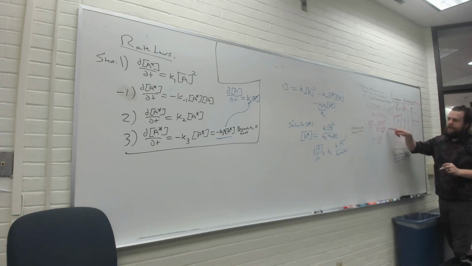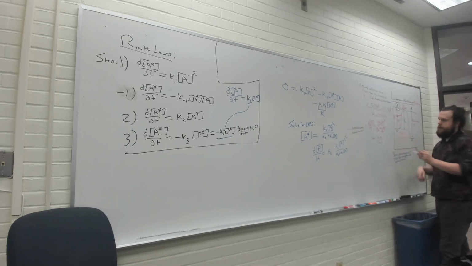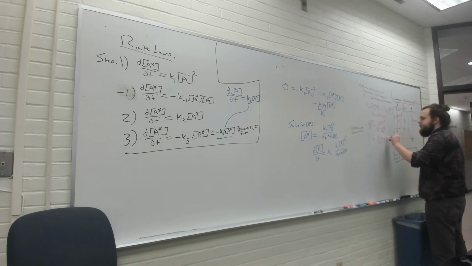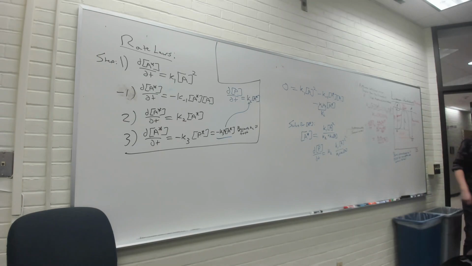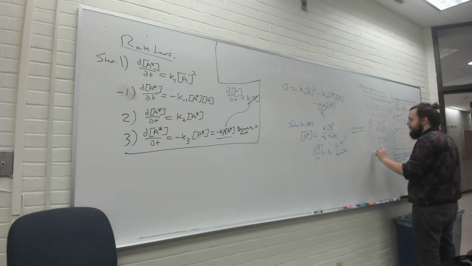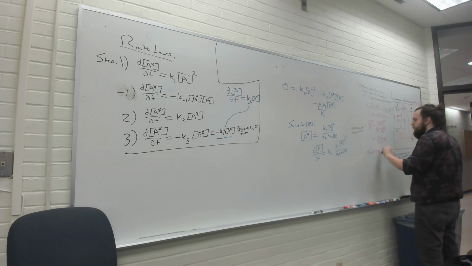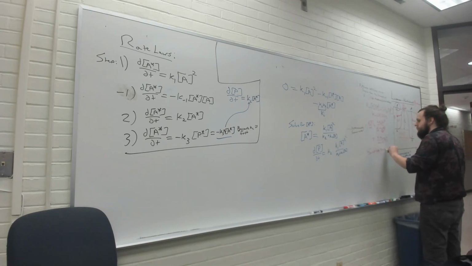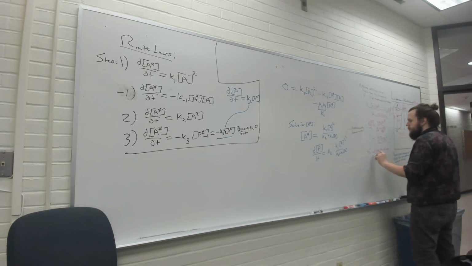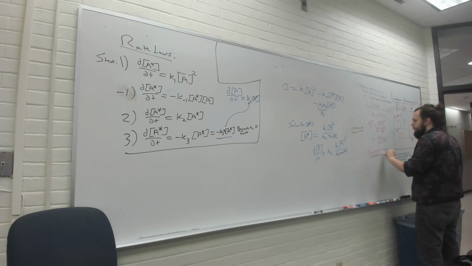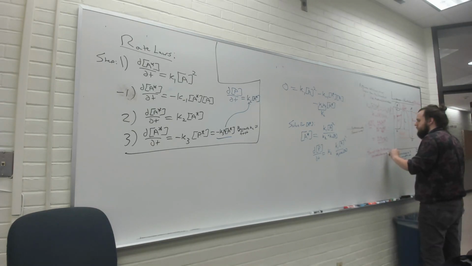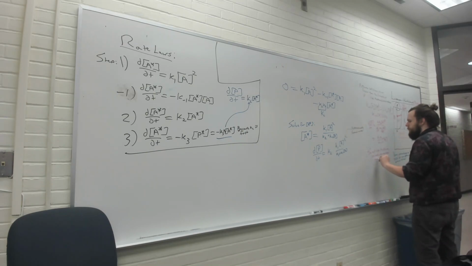And notice the factor of A cancels out. You have A star, you have A here and A squared. So you're left with just A, first order. So at high pressure, or fast collisions, unimolecular reactions are first order.